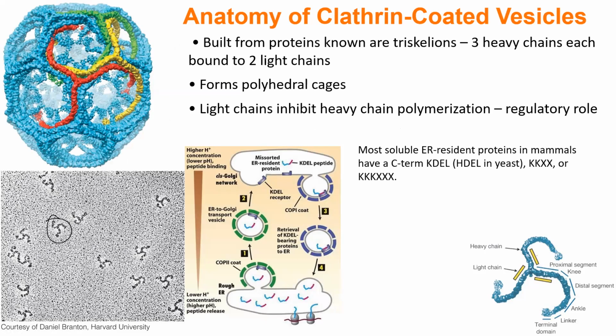It's these weird looking three-armed proteins. And here the red would be one copy, the yellow would be one copy, and the green would be another copy. So it's these triskelions that are coming together to form these chains.